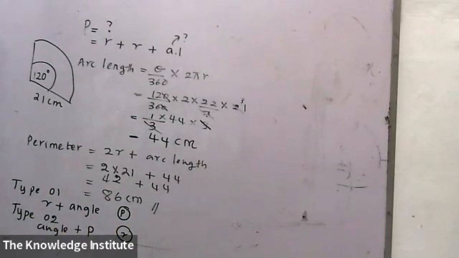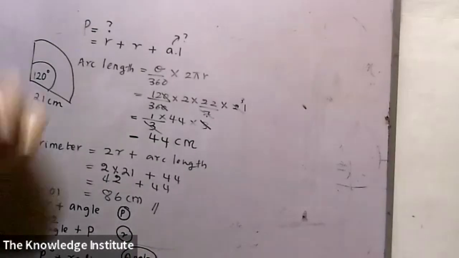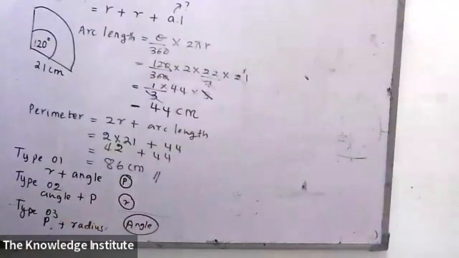You have to use the same equation, but only the subject will be different. Then type 3. They can give you the perimeter, they can also give you the radius, and they can ask about the angle. These are the three types of questions they can ask you in the first 25.